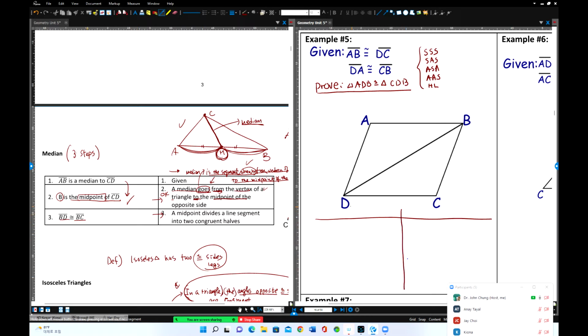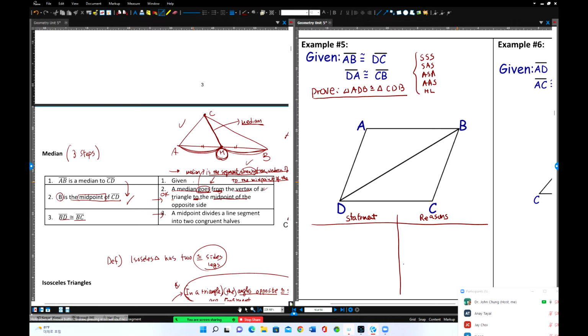The left-hand side is the statements, and the right-hand side is the reasons. Everybody try this one, okay? Go ahead. You can see some rules on the left-hand side.